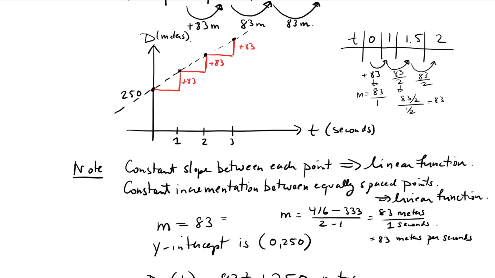So it has units. In particular, if you're given information about a function, and somewhere in there's something where it's units per other units, probably that's going to be a slope, because a slope is a ratio of y over x, delta y over delta x. So it's going to be something per something. So here, meters per second.